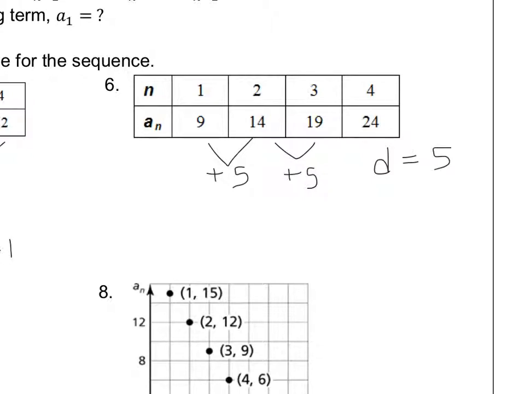So in order to write my recursive rule, I'm going to say a sub n equals the term before, so a sub n minus 1 plus our common difference of 5. So it's really just doing what you already know it's doing, but putting it into a formal rule. Okay, so let's look at number 7.